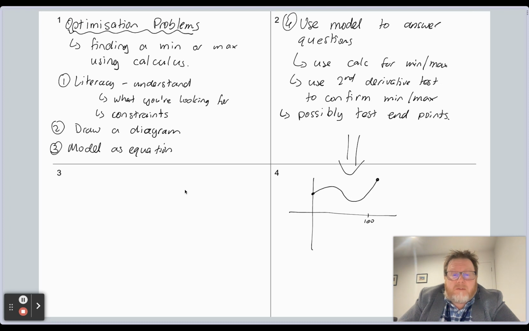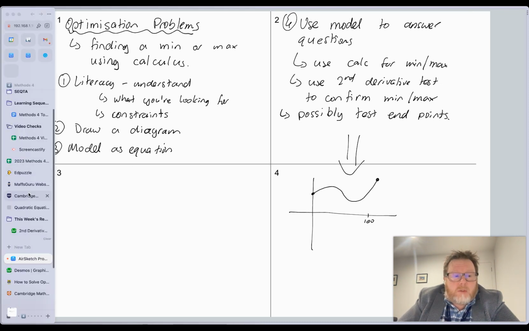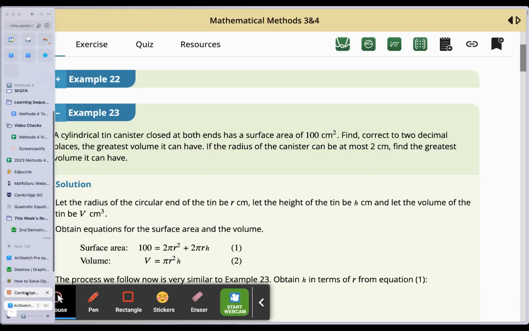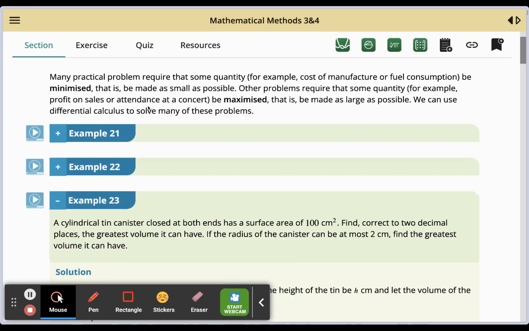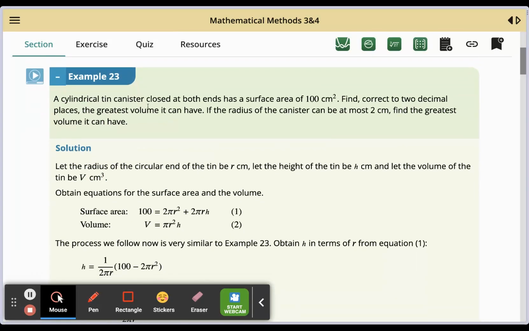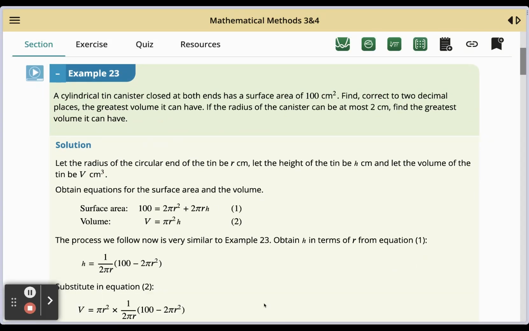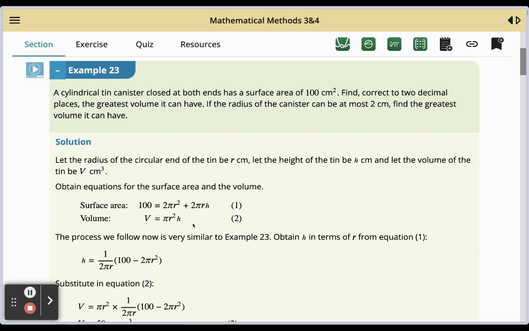But for this video, the example I'm going to go through is from the textbook, and I'll just show you which one it is. It is example 23 from this section. I think it's 10F. Yep, 10F. And let's have a quick look at it. I'm not going to rewrite it, so if you need to pause this video and write it into your summary book, please feel free to do so, or at least put a reference to example 23 in section 10F.